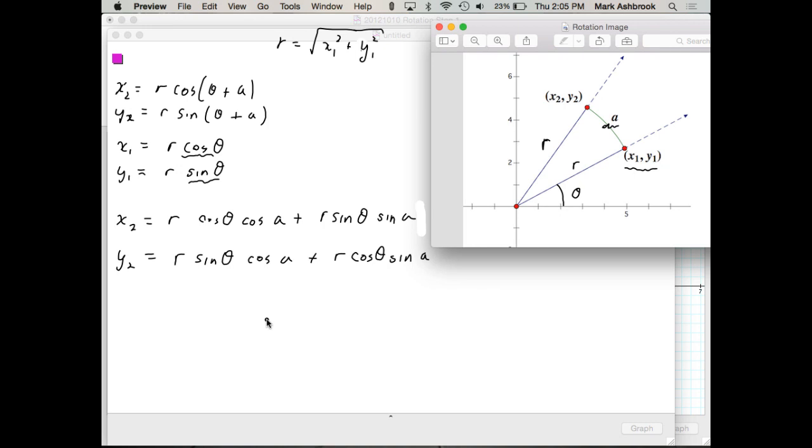So now we can write those more simply, right? You do the next step. So what's x2? What's y2?